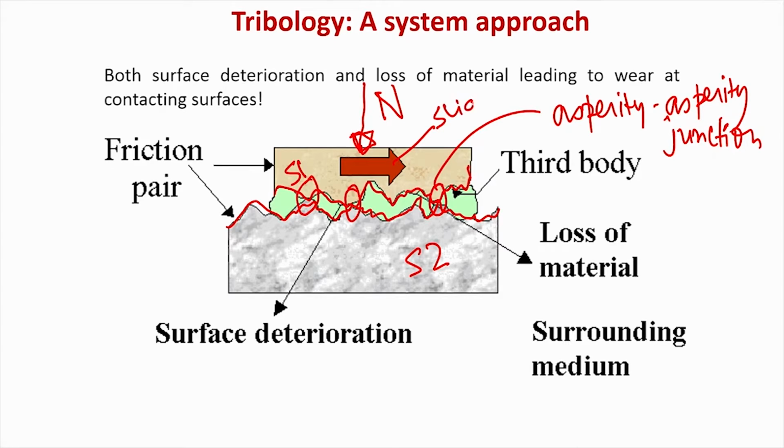This particular asperity junction can get knocked off, and that can lead to wear. Essentially, these are the potential asperity junctions, and the arrow should be this way, that lead to loss of material in the surrounding medium.